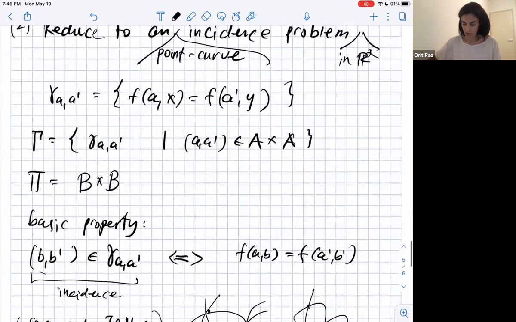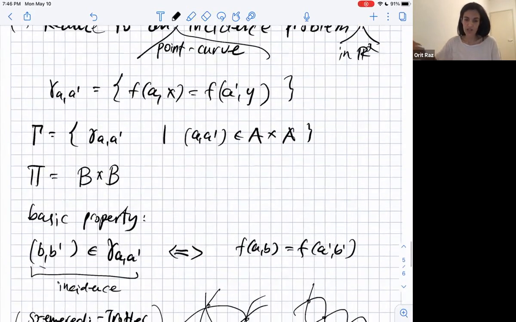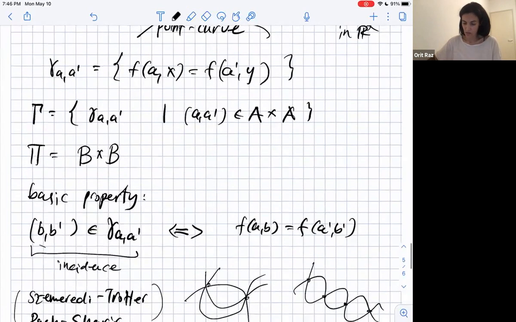So the challenge was how to identify whether this family of curves, together with this family of points, behave as we want so that we will be able to apply these tools. The real issue was that this looks like it defines n squared curves, but some curves might coincide, so we might just get the same curve again and again.